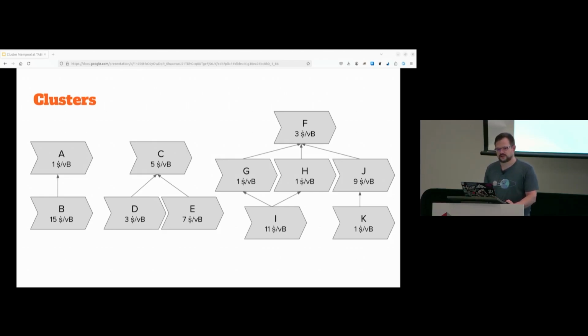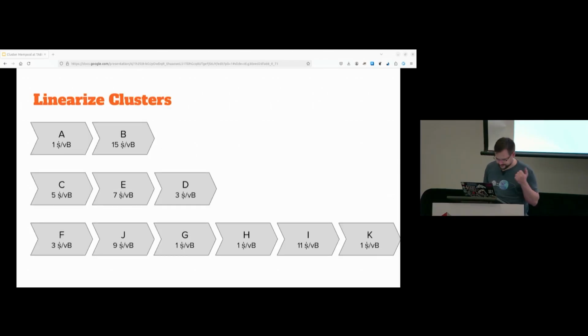So what if we just pick apart the mempool, divide it into these clusters, and then we sort those clusters in the order in which the transactions would be picked into blocks. Let's say I did that, and we look at the first cluster.